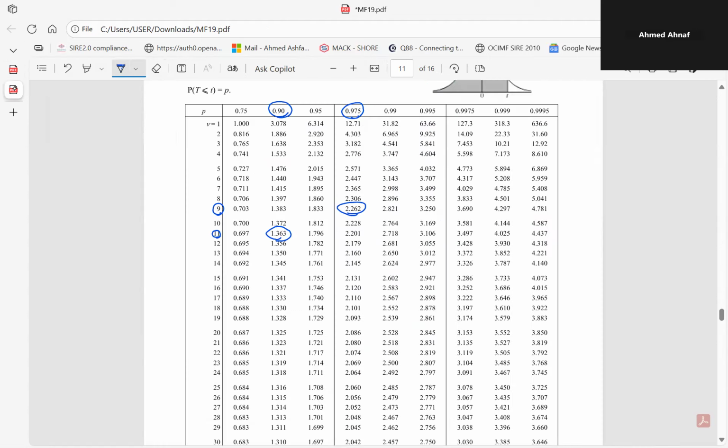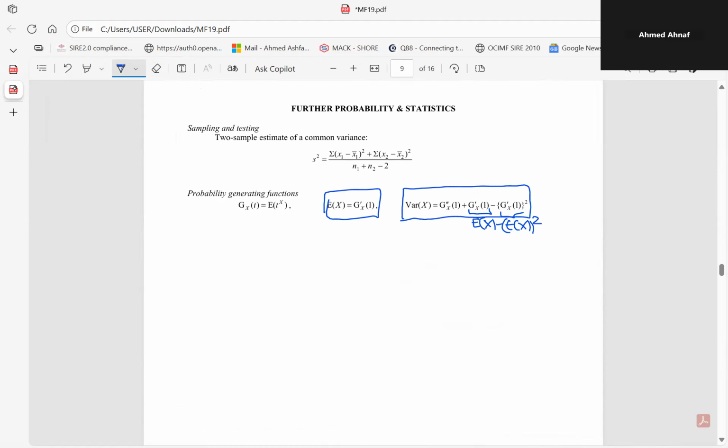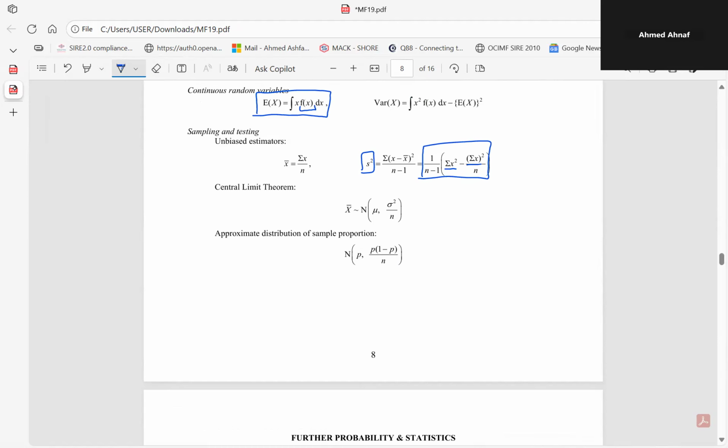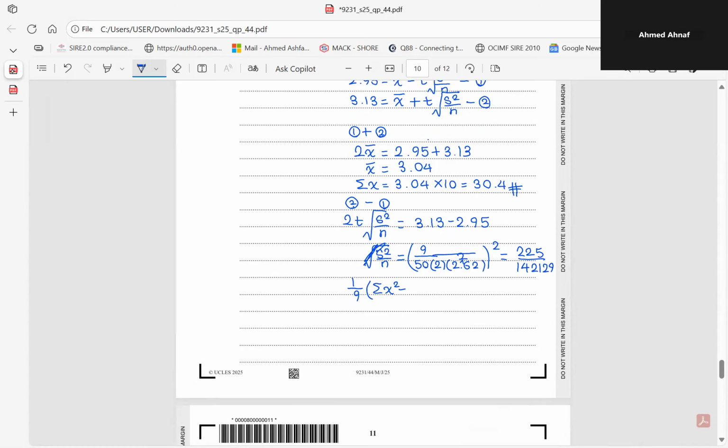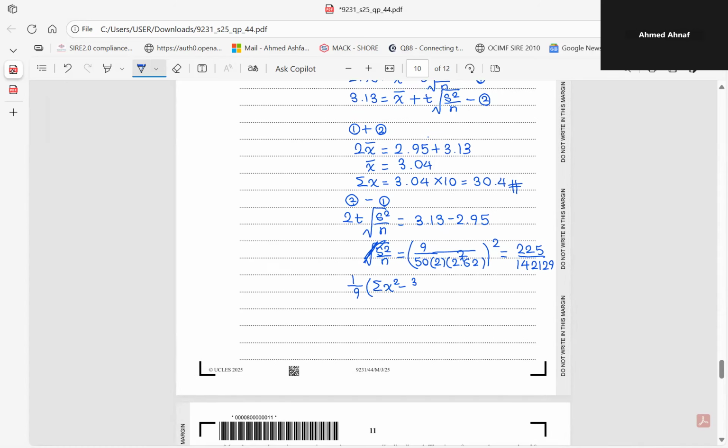And s squared is just 1 over n minus 1, that is 9, times sigma x squared minus 30.4 squared over 10.